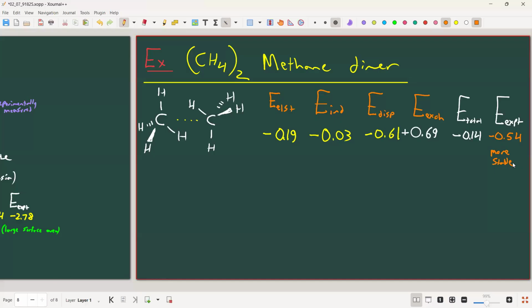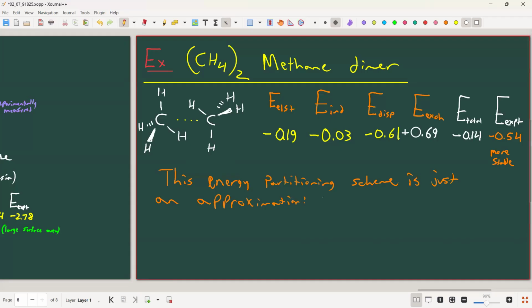Okay, so one of the conclusions we can make here is that this partitioning scheme, just like anything, is just an approximation. But there's an additional layer of interaction terms.